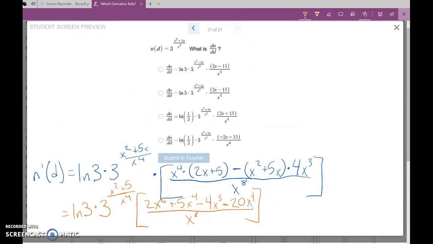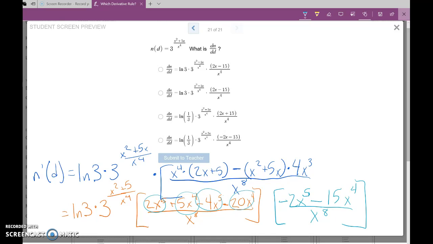If I continue to simplify inside the brackets here, so sorry, I'm not going to rewrite everything. It's very bad math form. I'm going to get negative 2x to the 5th. Right, this 2x to the 5th and this minus 4x to the 5th make negative 2x to the 5th. Then we get minus 15x to the 4th, plus 5x to the 4th minus 20x to the 4th, all over x to the 8th.